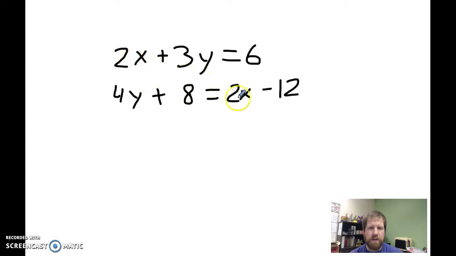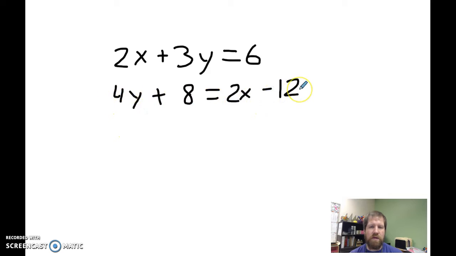So I'm going to be doing x. What's going to happen with this equation if I divide everything by 2 so I get this x by itself? Well, this is going to be 3, 6 divided by 2, but this is going to be a fraction, and I don't really want to mess with fractions unless I have to. So let's look at this one. If I divide this by 2, that goes away, I get x by itself. Negative 12 becomes negative 6, that's fine. 8 becomes 4, that's fine. 4y becomes 2y, that's fine.